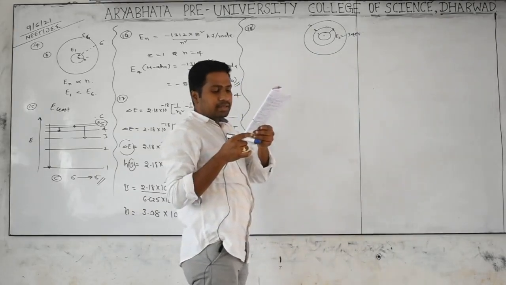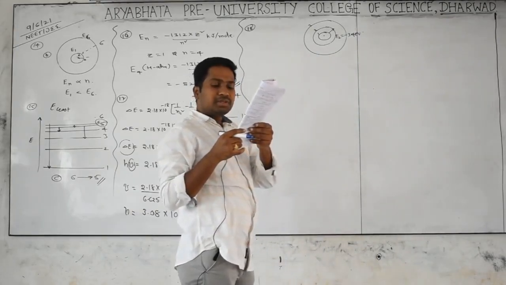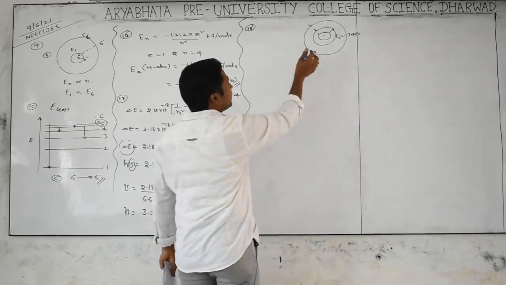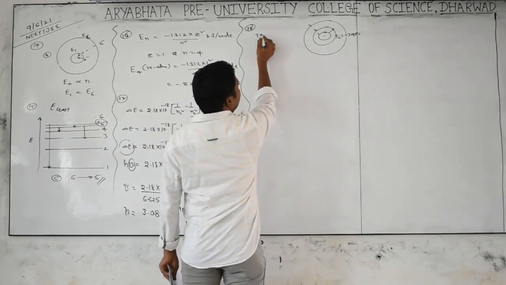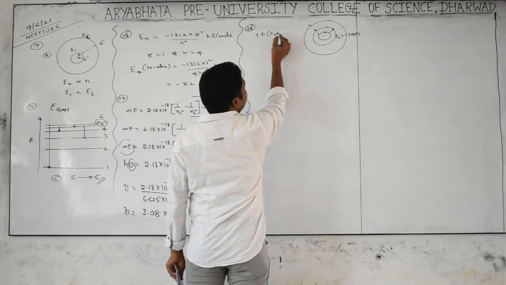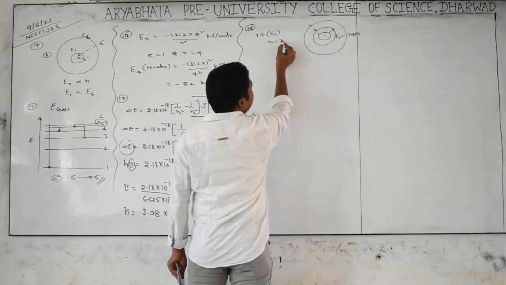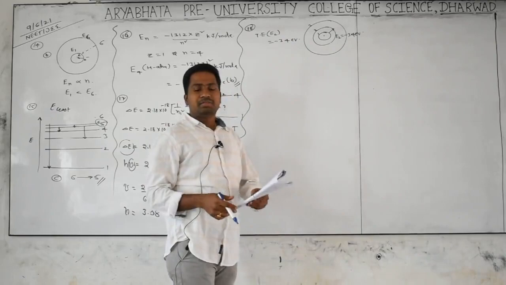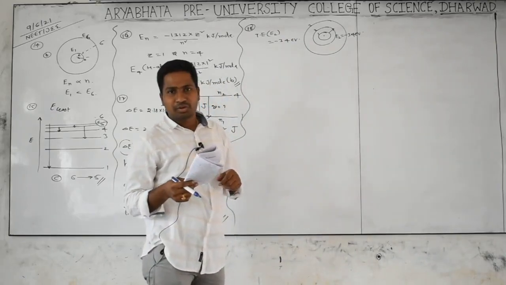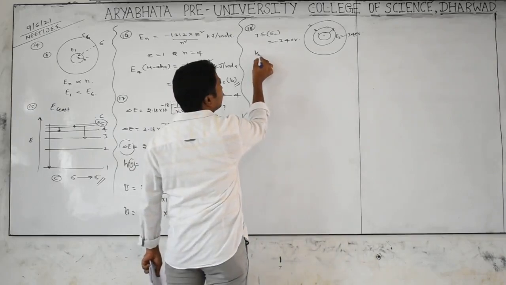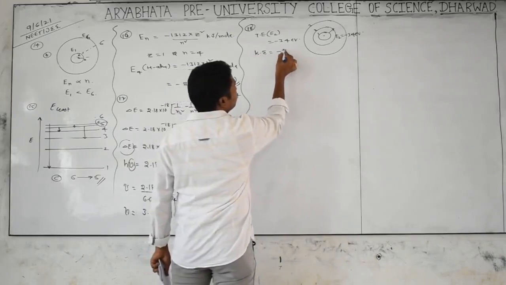Okay. And he is asking the kinetic energy of the same orbit in the hydrogen atom. It is a very good question. So indirectly the total energy of electron in second orbit is given as minus 3.4 electron volts. I already told the relation between kinetic energy and total energy: kinetic energy is equal to minus of total energy.